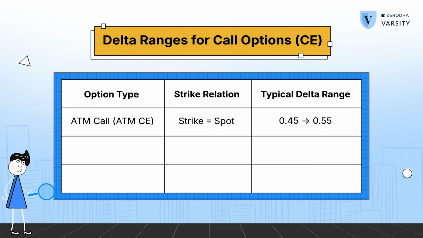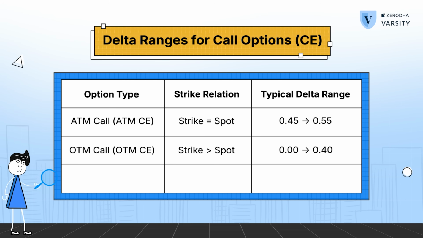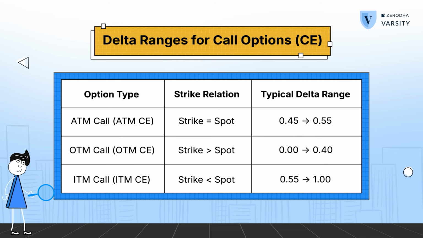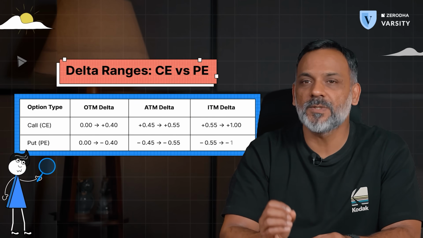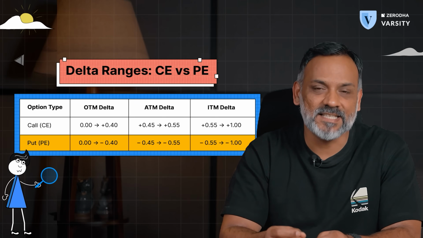The delta of an out of the money call option ranges between 0 to 0.4, depending on how out of the money the strike is. The delta of in the money call option ranges between 0.55 to 1, depending on how in the money the option is. The same thing holds true for put option as well, except for the sign change.